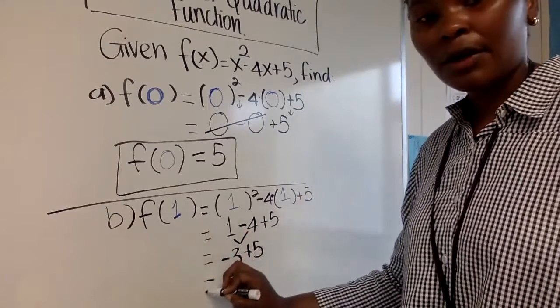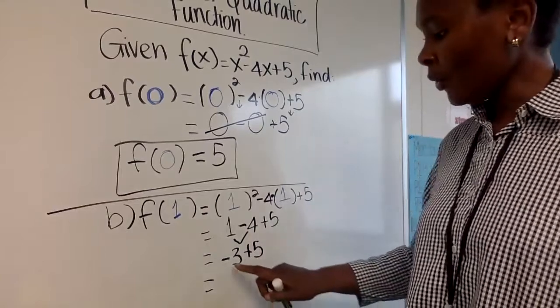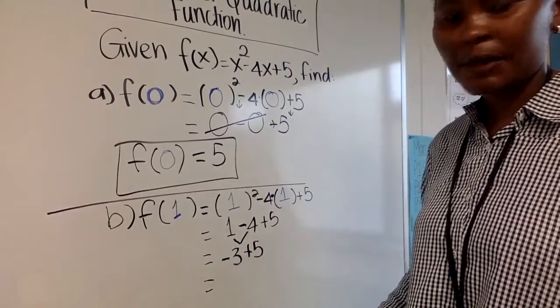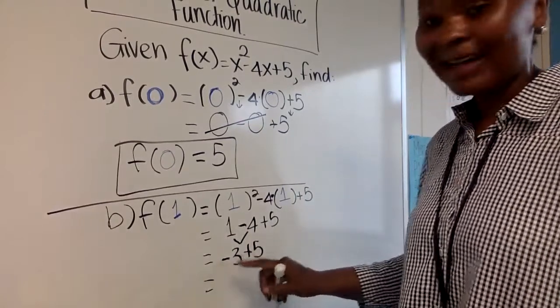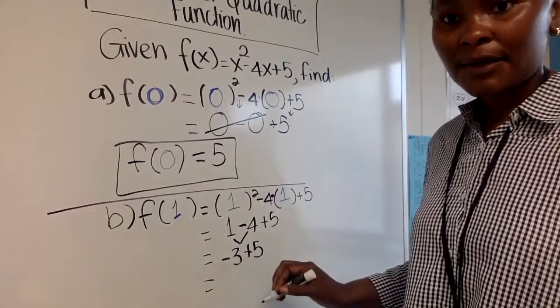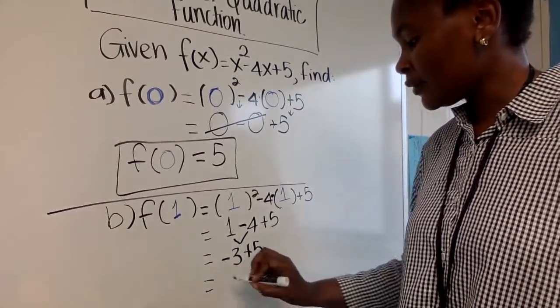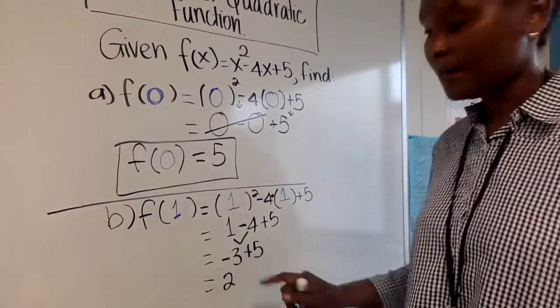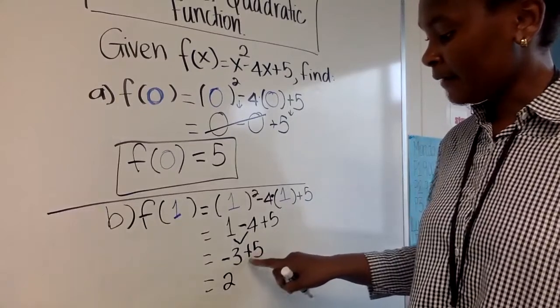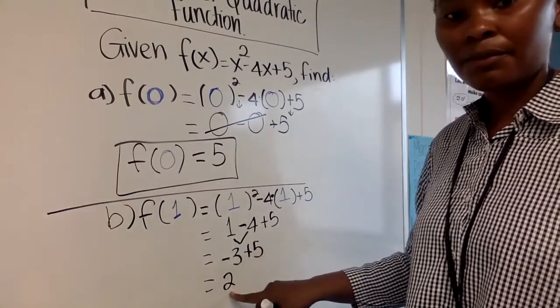So let's continue computing. Negative 3 plus 5 is going to be what? Again, you're adding numbers with different signs. So you subtract: 5 take away 3 is 2, and you keep the sign of the bigger number. The bigger number here is 5, and 5 is positive, so it's going to be positive 2.